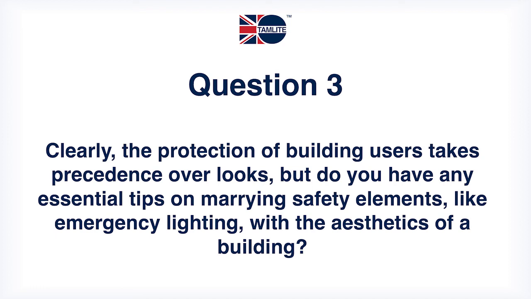Yes, I think the answer for perhaps any new building would be that there is enough range of luminaires now from most manufacturers to suit and blend in with most modern building applications.